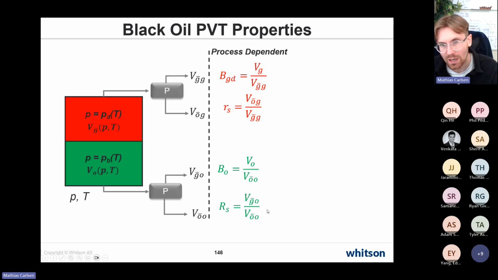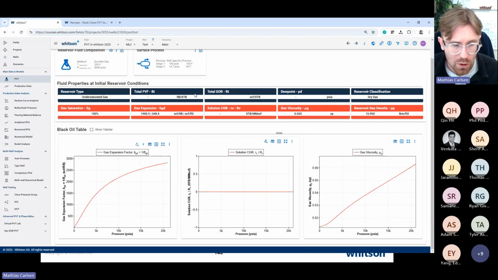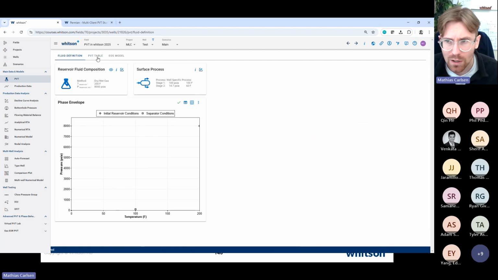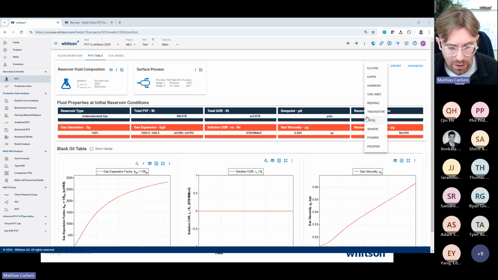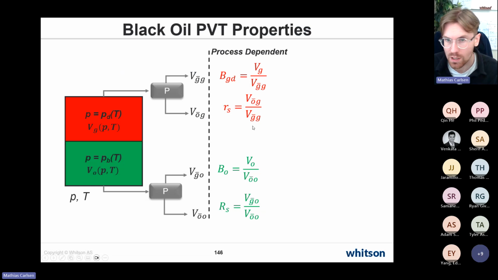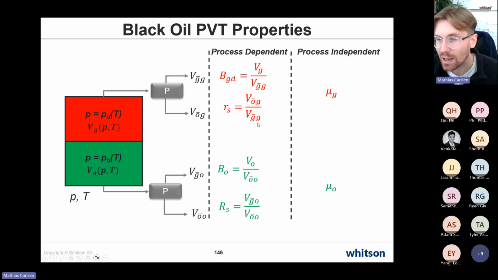And these components right here in the black oil PVT model, and the black oil PVT model, again, is all these parameters right here that will be generated on this page that you can export into any third-party tool. They are process dependent, while viscosity does not care about the process.